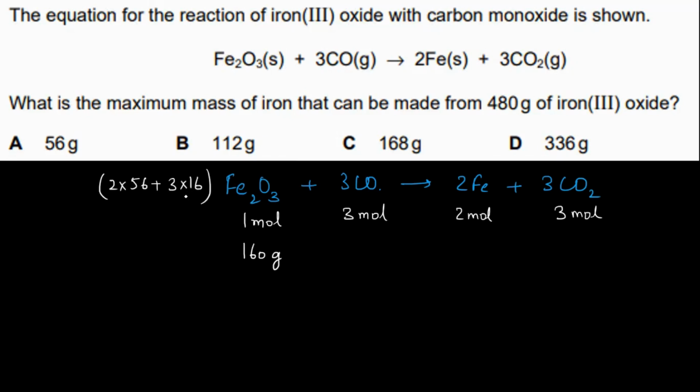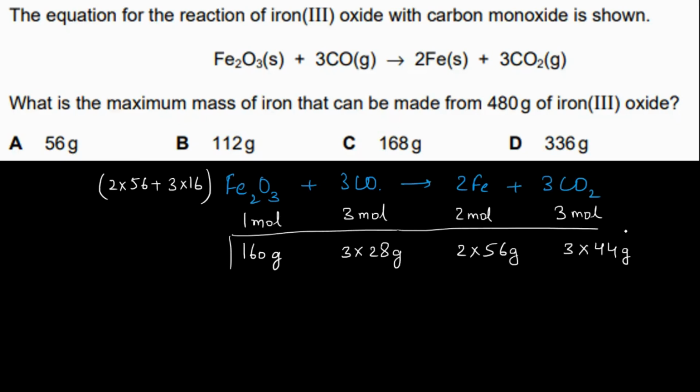I hope you already know how to calculate the molecular mass. 160 grams is the mass of 1 mole of Fe2O3, and 3 multiplied by 28, because 28 is the mass of carbon monoxide. Then 2 into 56 and 3 into 44 grams. So now this is my reference line.